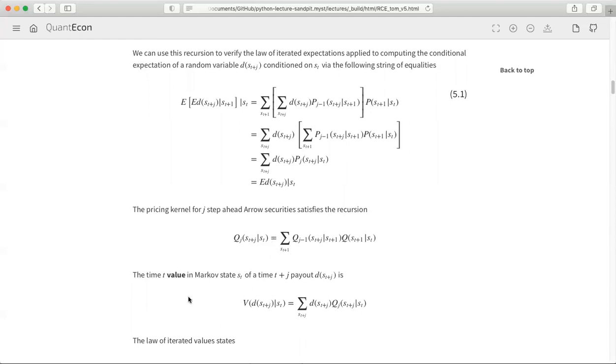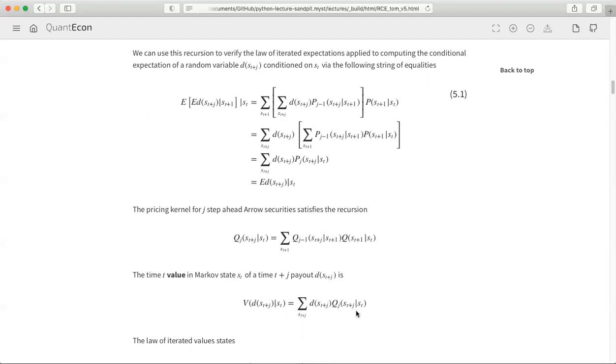So the time t value, in Markov state s_t, of a time t plus j payout d(s_{t+j}) is this. Instead of expectation, I'm just saying it's the value of that payoff. Well, I just sum over states. I multiply quantities times prices. So that's the definition of value.